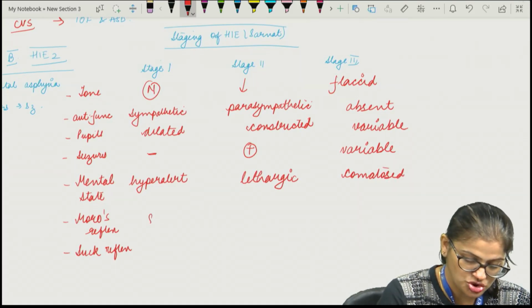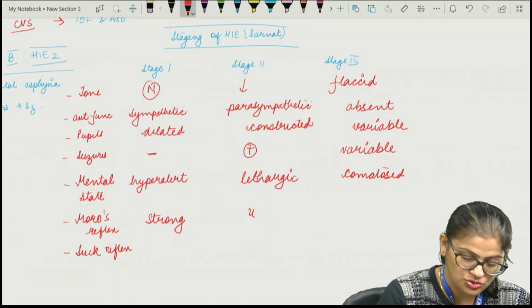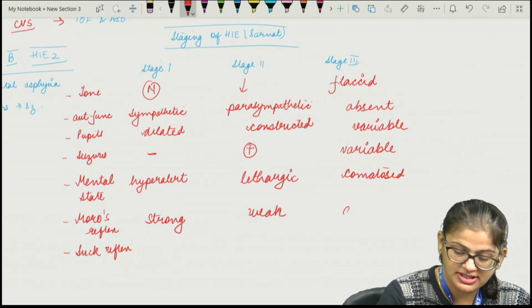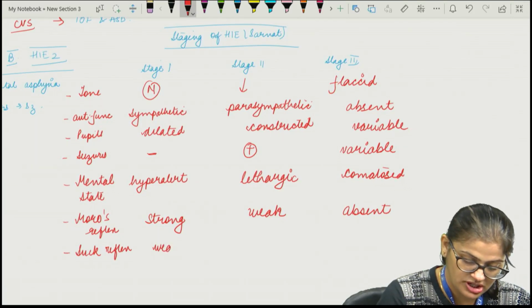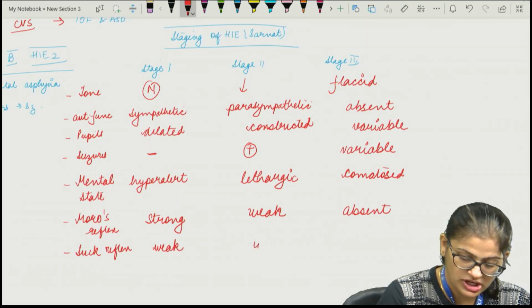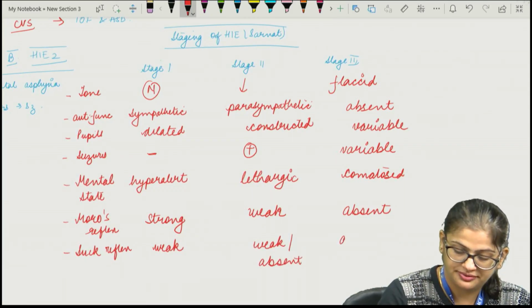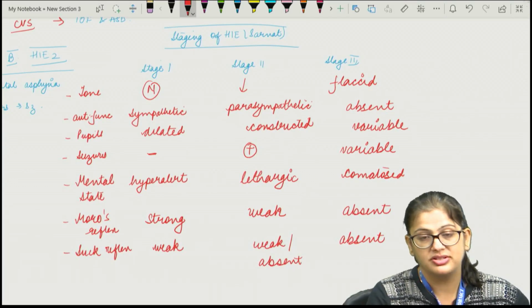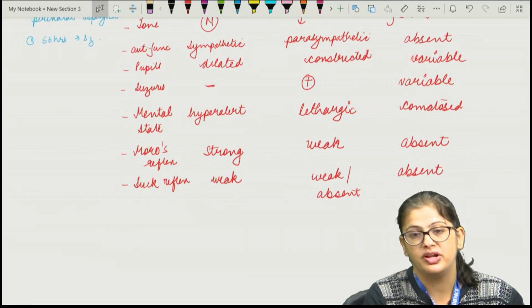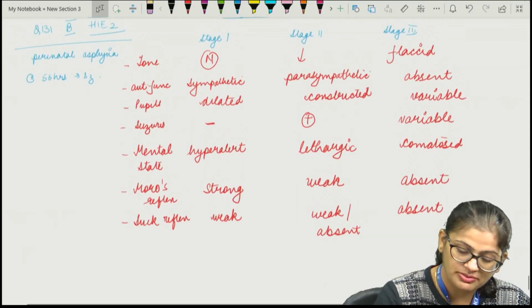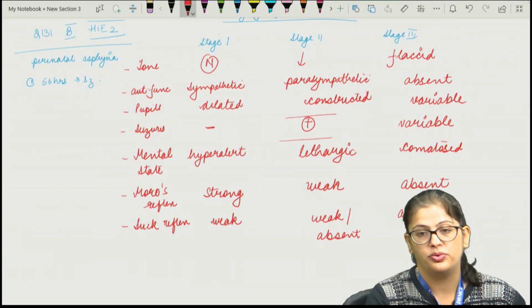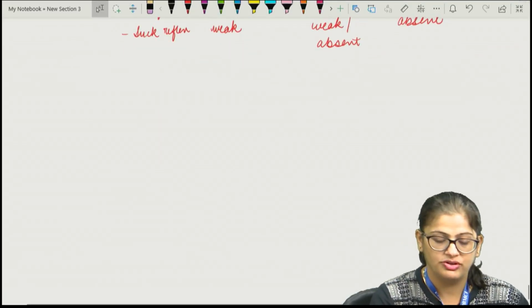Moro's reflex is strong in case of stage 1, it is weak in stage 2, and it is absent in case of stage 3. Similarly, the suck reflex may be weak in stage 1, it is weak or absent in stage 2, and it is absent in stage 3. So this is how HIE is classified into various stages as HIE stage 1, 2 or 3. So seizures are basically present in stage 2 only. In stage 1, usually the child will not have seizures.